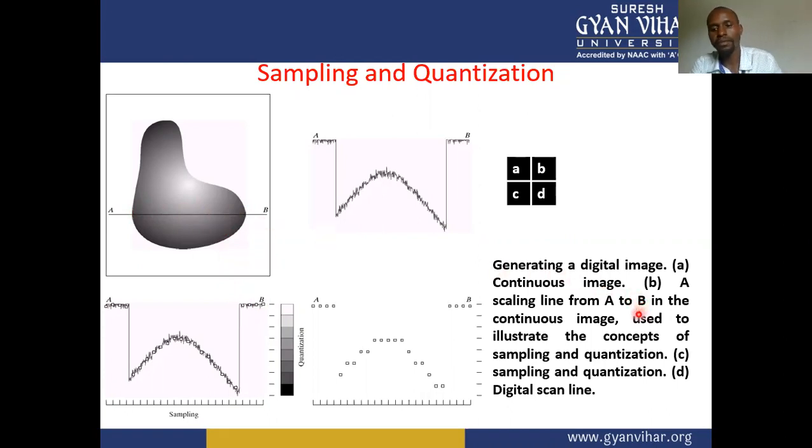So we will use it to illustrate the concept of sampling as well as quantization. In this image, we have the first step. Let's take an example of this image here. We said sampling basically involves coordinates.